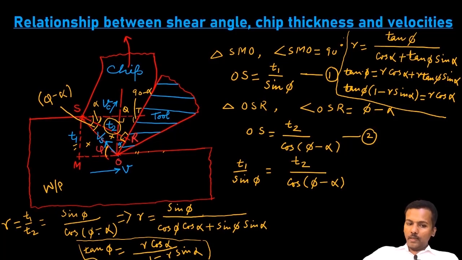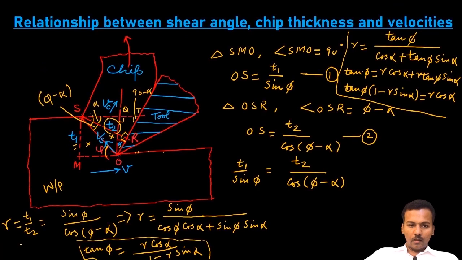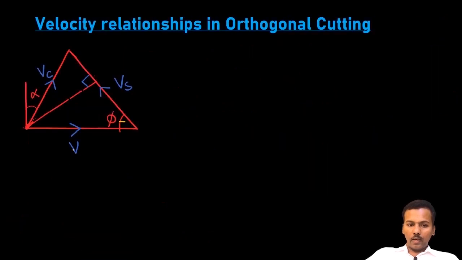Now you may remember this equation or you may remember this equation, both will be utilized for further calculation. Now you see here that in this slide, this is the relative velocity between the workpiece and the tool in the horizontal direction. So we draw here this horizontal direction.